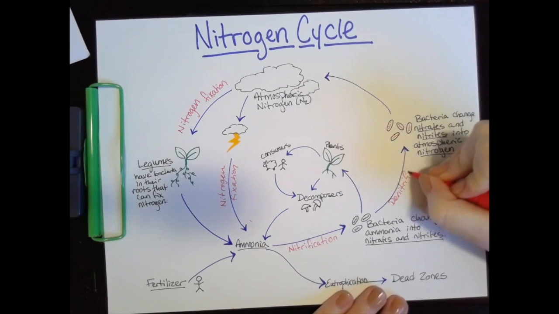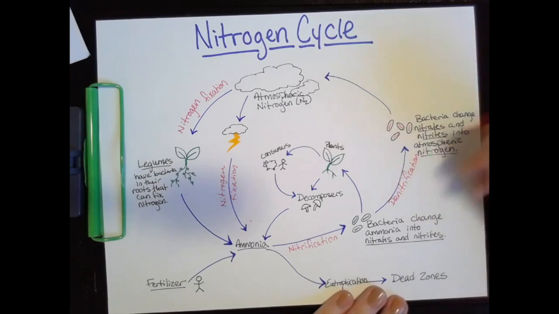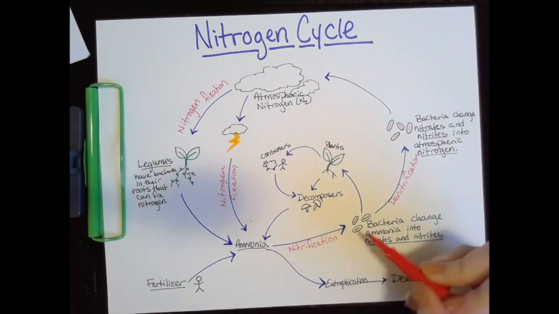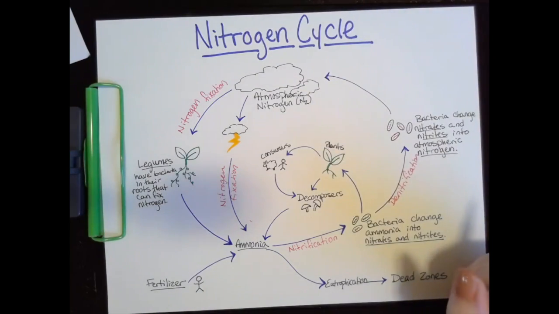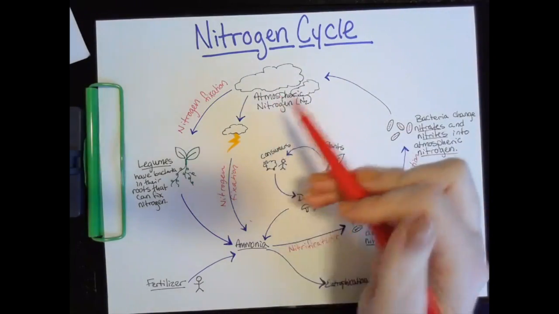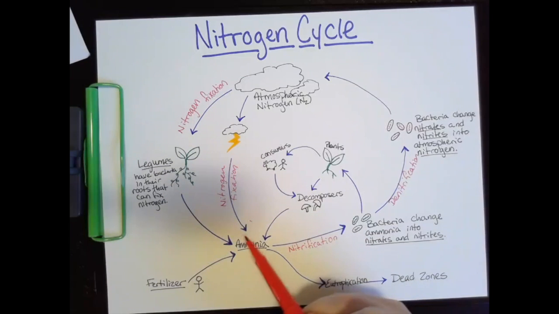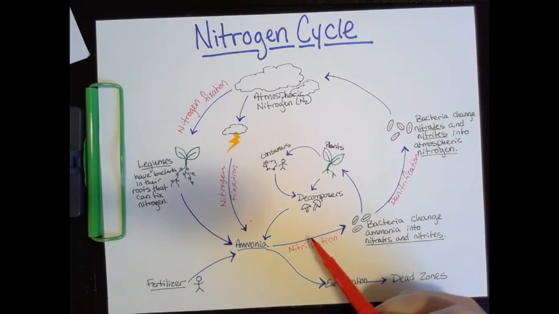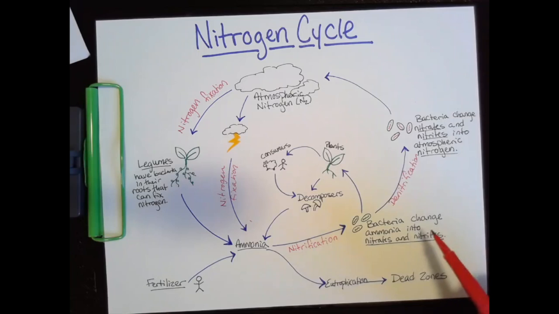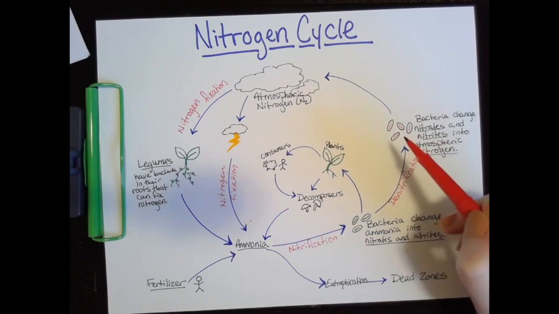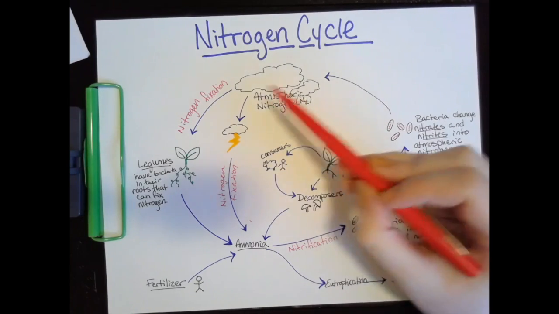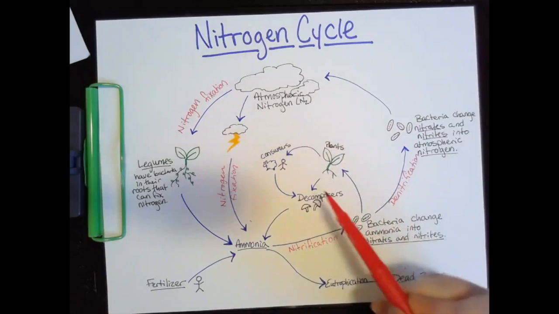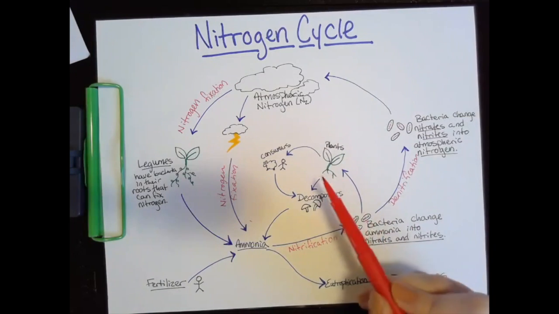Denitrification is what happens here. We turn those nitrates and nitrites back into atmospheric nitrogen. So just going around the outside, fixation makes ammonia. Ammonia nitrifies into nitrates and nitrites. Nitrates and nitrites denitrify back into atmospheric nitrogen. Okay, so those are our main processes. And then the nitrates and nitrites are what feed you and our plants.